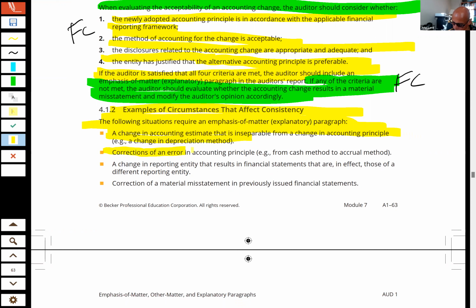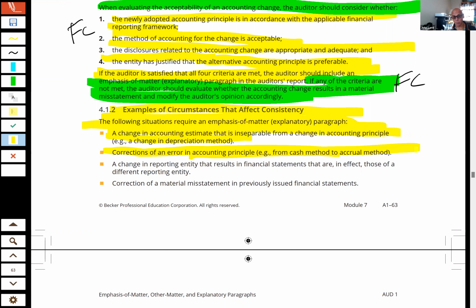Correction of an error. Okay, maybe we made an error. We have to correct that. The entity made an error and they have corrected that. We have to add. Now, when we say corrected in previously issued financial statements, if the entity makes an error this year and they fix it this year, then that doesn't affect the auditor's report.